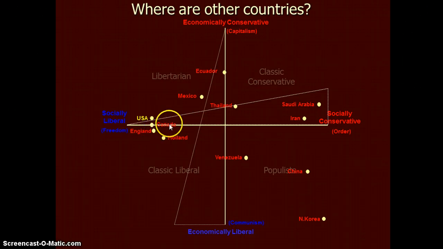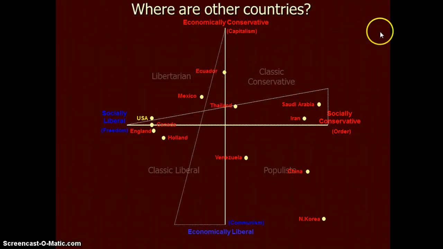There's Canada. Venezuela is a country where they're much more socially strict and the government's much more involved. It's more socialist. So you see all these countries on here that you can get an idea about. Looking up here, you see Ecuador, which is a country that's extremely capitalistic, a place where police are oftentimes private. You have to hire them. You don't get them through your tax dollars.